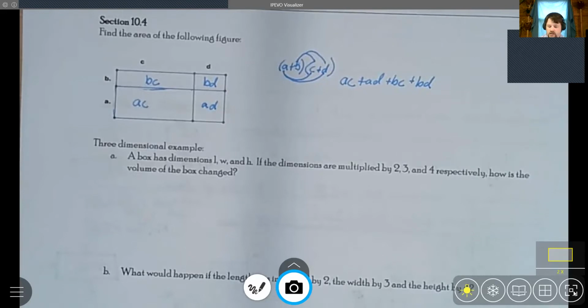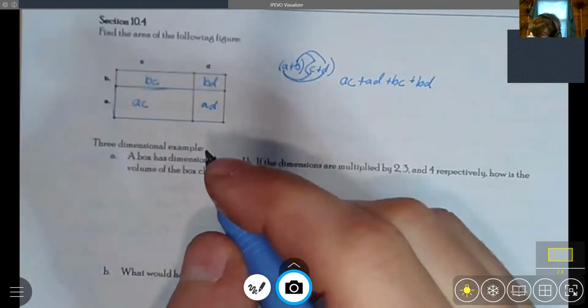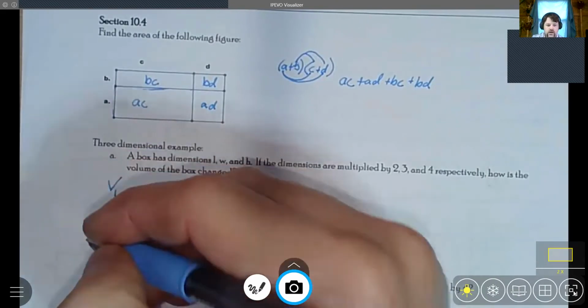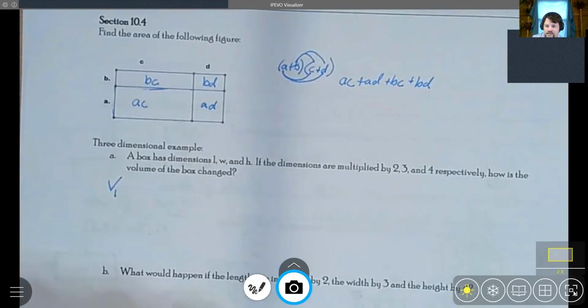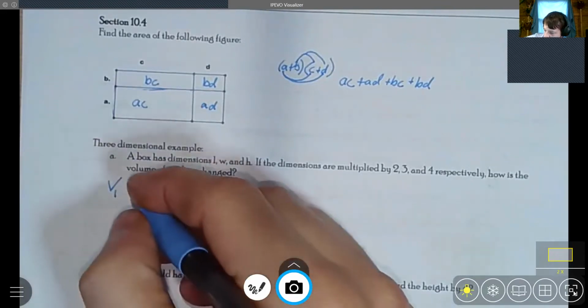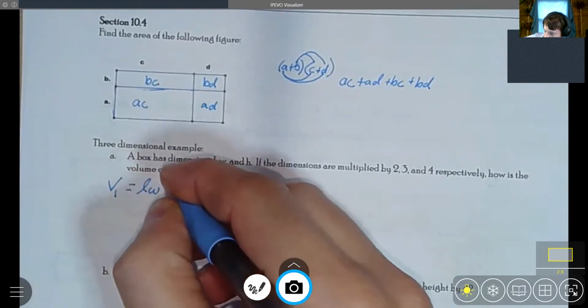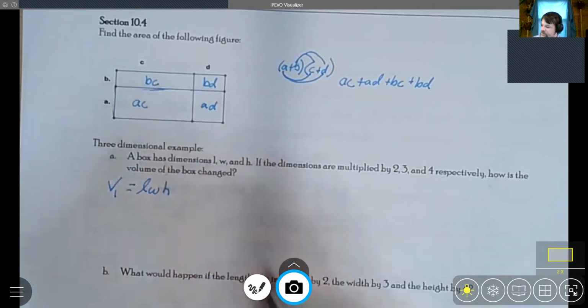Okay, so let's take a look here. So I'm just calling the volume of the original box V sub 1. And we know the volume of the box is just length times width times height. Now it says if the dimensions are multiplied by 2, 3, and 4 respectively, how is the volume changed?